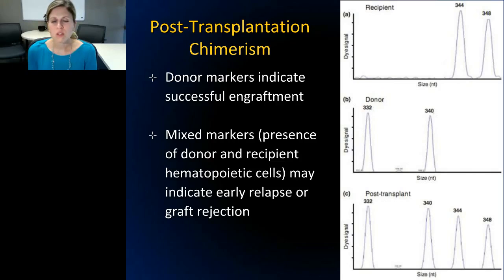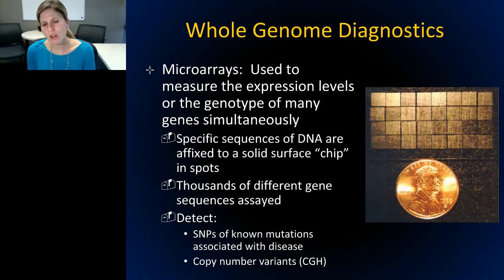For this individual at the bottom post-transplantation, we're seeing all 4 alleles, which means that there are still some of the patient cells remaining as well as the donor cells, and it really needs to be just the donor cells that are going to be present if we know that a bone marrow transplant has taken place. So this is just one other tool that we can use molecular diagnostics to be able to test that.